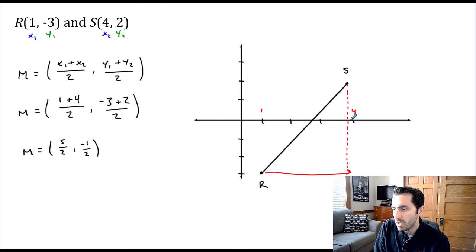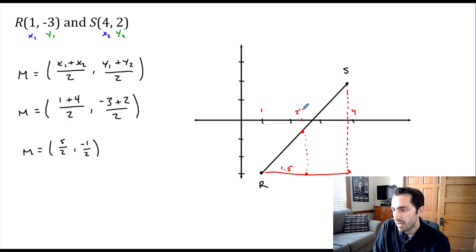So it takes 3 units to get there. Well, if I want to go halfway, in the middle, this will be 1.5 units. So that would take me up to about right here. So if I go from 1 and I add on 1.5, I get 5 halves, or 2.5. So this is at 2.5 right here.